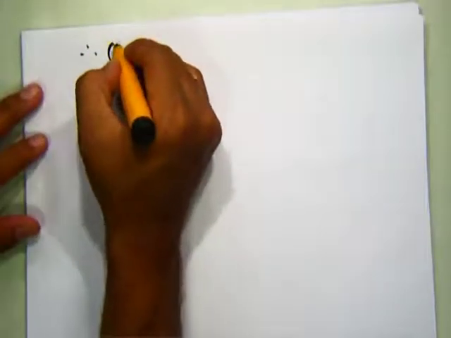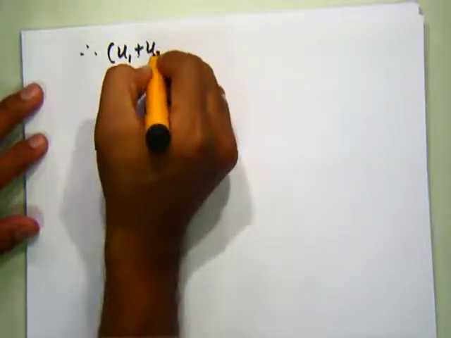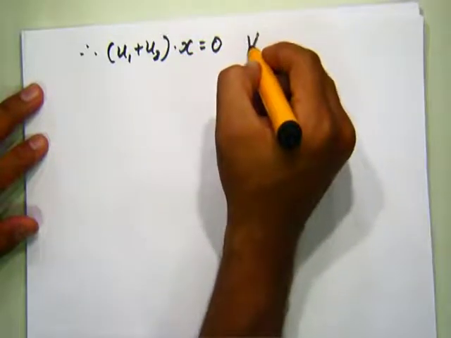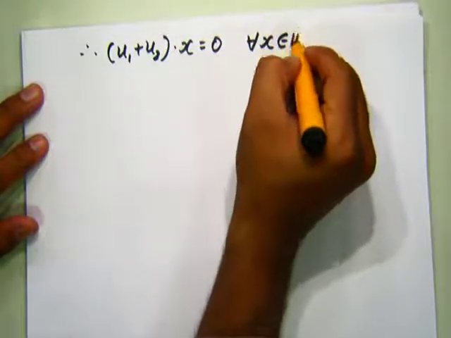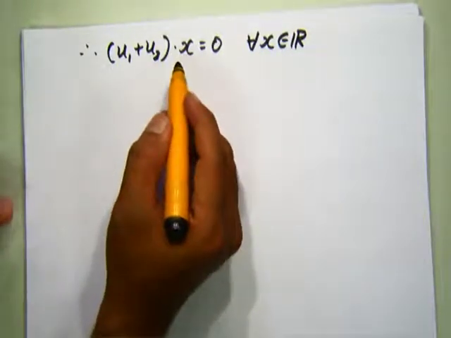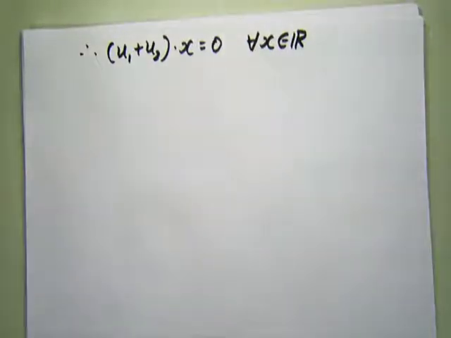So therefore we have (u1 plus u2) times x equal to 0 for every x belongs to R. Now we have a product of two real numbers, u1 plus u2 and x. Whenever a product of two real numbers is 0, one of them must be 0. But here x is not fixed, it is an arbitrary value.